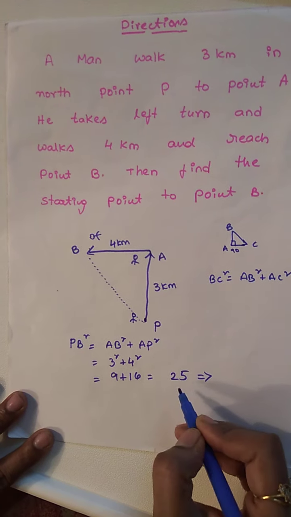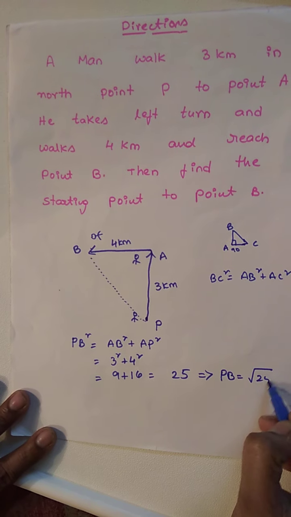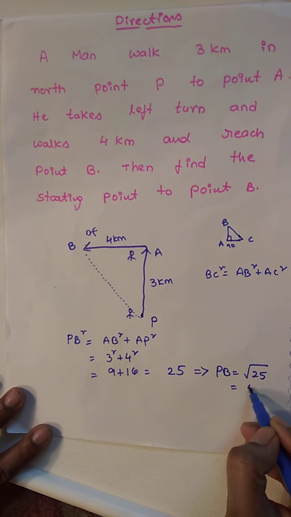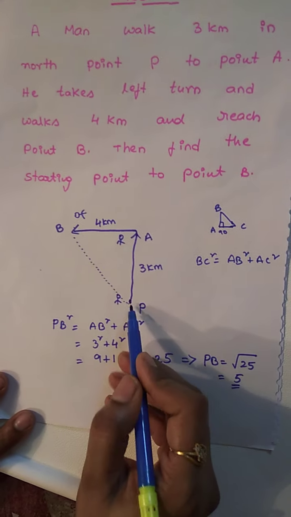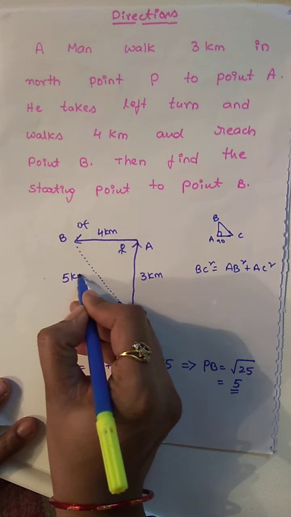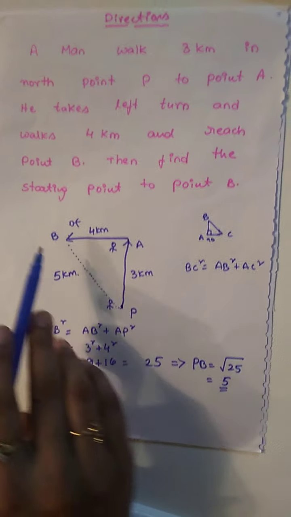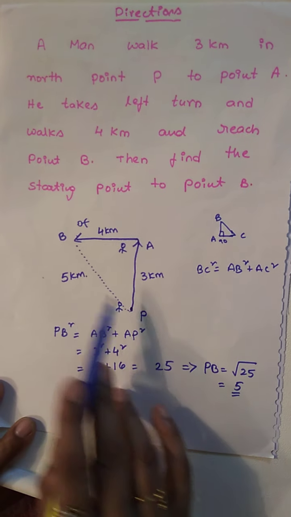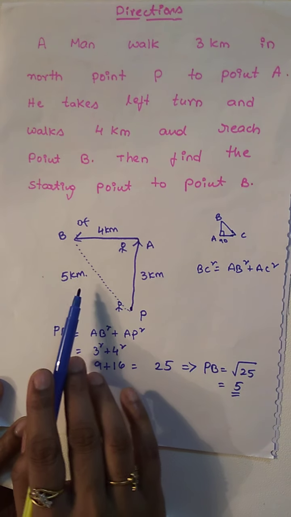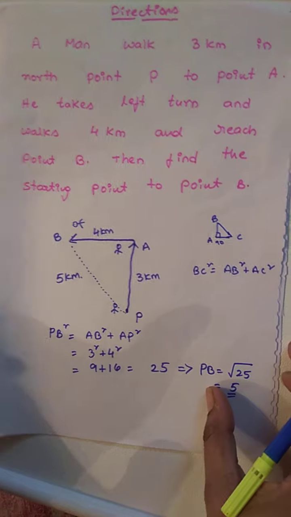So PB square equal to 25, PB equal to root 25, which is equal to 5. So the distance from P to B is 5 kilometers. By using the Pythagoras theorem, we found the distance from P to B is 5 kilometers. Hope it's clear. Now coming to the next problem.